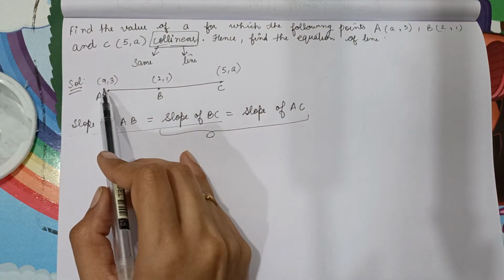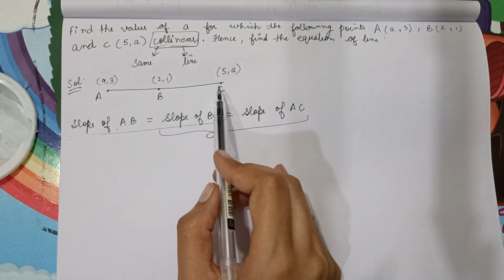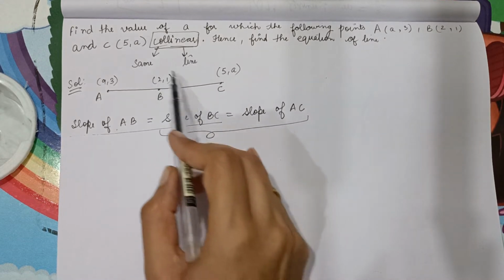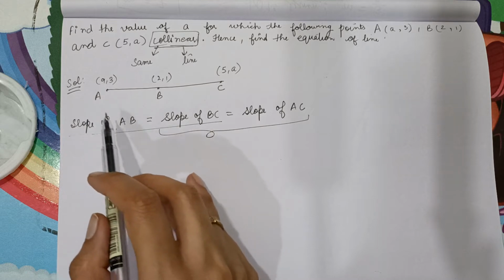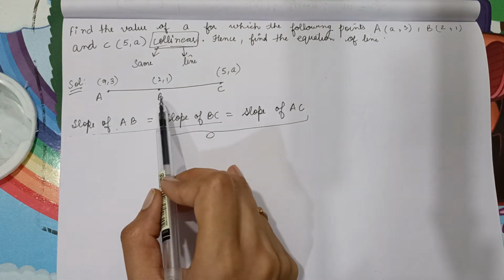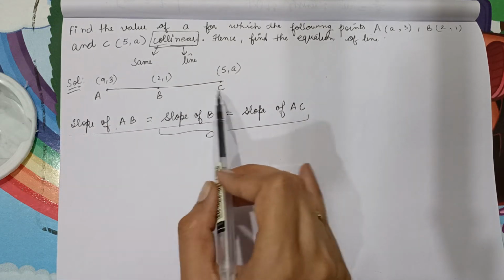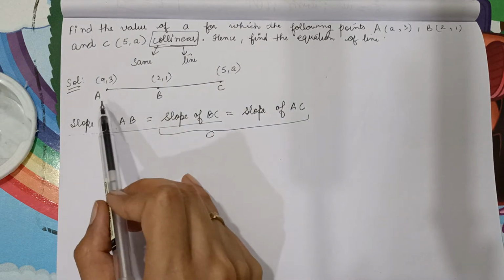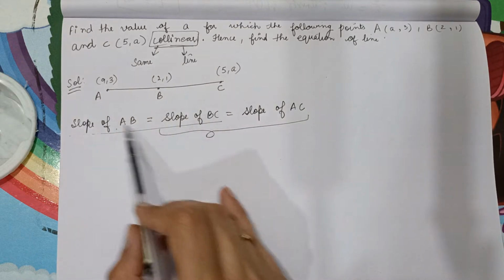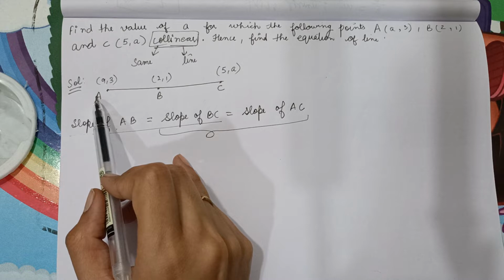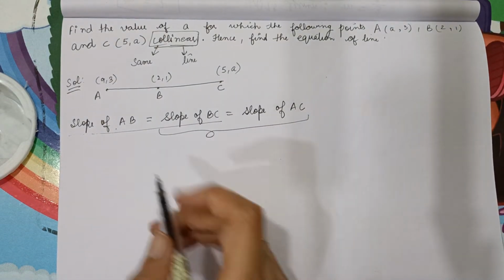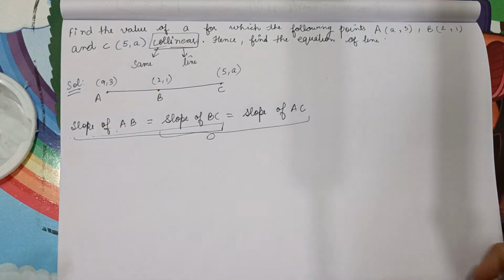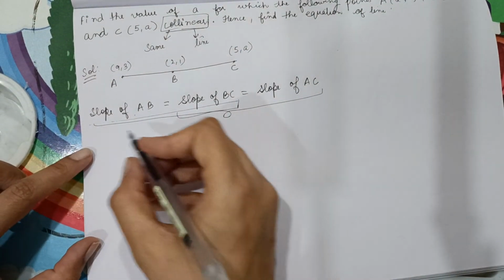Here one coordinate is missing in A and one is missing in C, whereas in B we know both coordinates. So we can use AB and BC, because if we use AC, one coordinate is missing in both A and C. It's better to use these two.